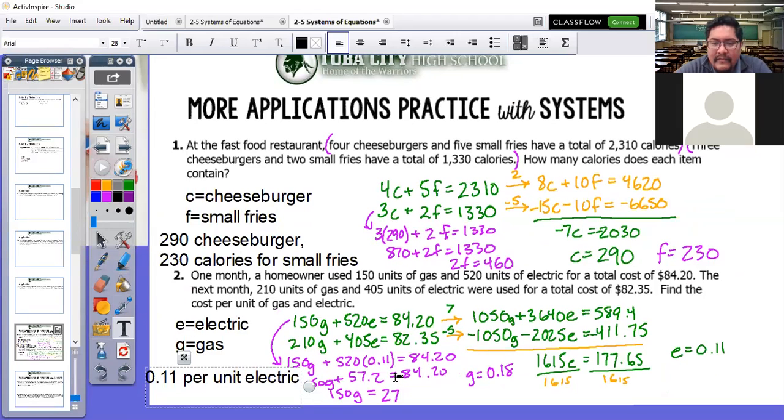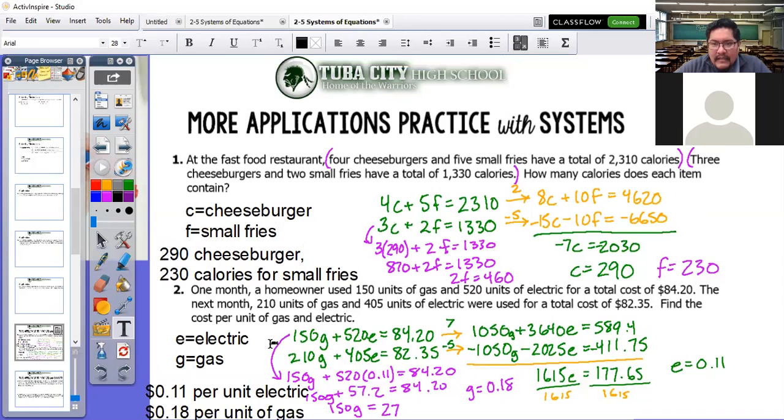And here I have 18 cents. And actually, I should put a dollar sign here because that's how you would write cents, like that, right? Because it's not exactly a dollar, but it's 18 hundredths of a dollar per unit of gas. And that's kind of stuck in there.